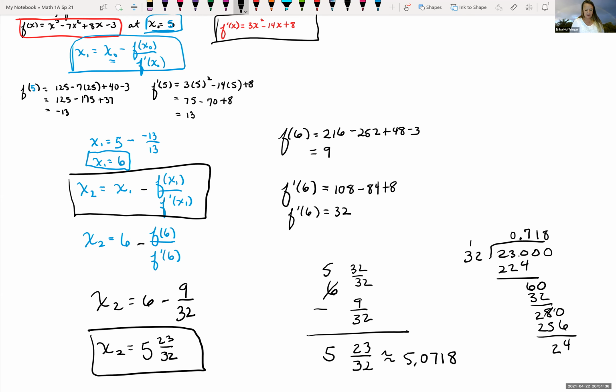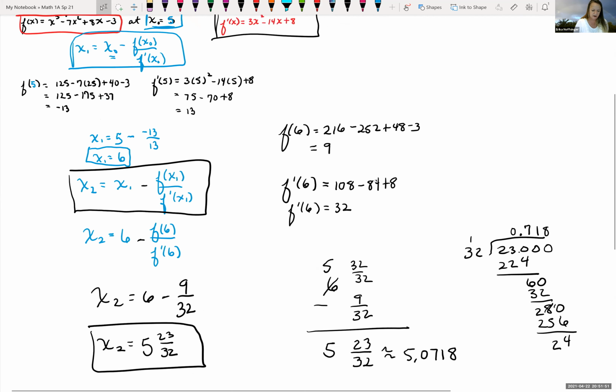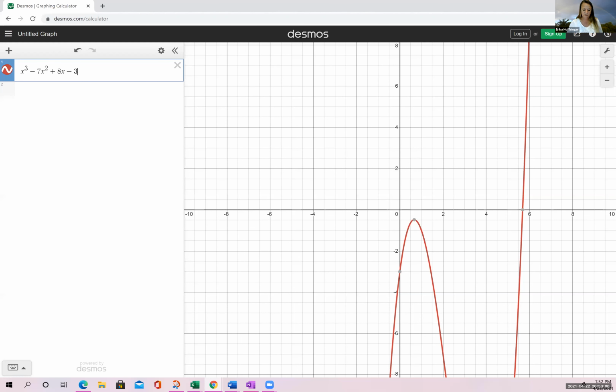Now let's look at the graph of our original function, and let's look at where the graph is crossing the x-axis near when x of 0 is 5, and show that what we found was really close. I'm going to pause the video while I pull up Desmos and put this into the calculator. So I plotted our function.